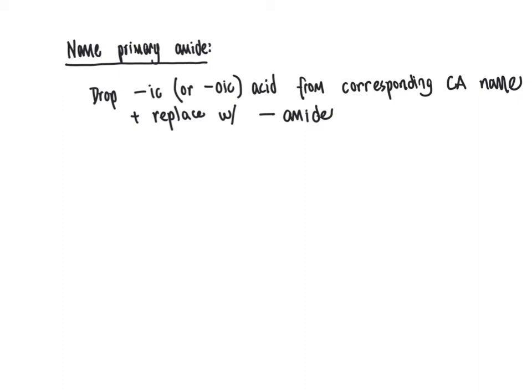So let's go ahead and determine the name for an example primary amide molecule. So I'm going to go ahead and draw out a structure here. So this is going to be our molecule we'll start with.